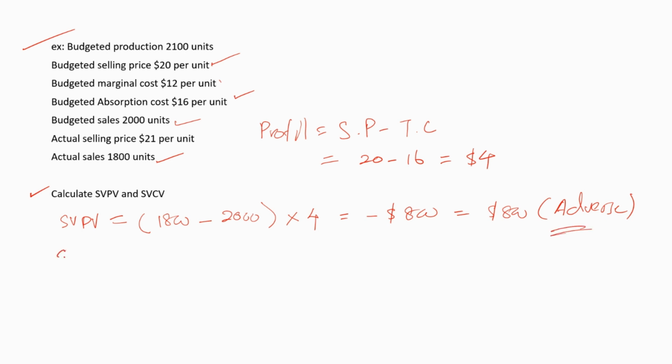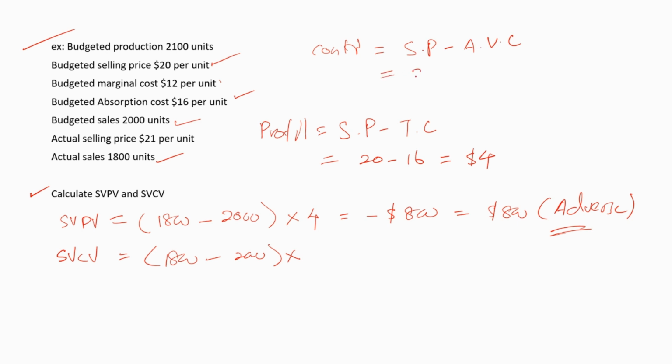Now let's calculate the sales volume contribution variance. This is equal to actual sales minus the budgeted sales, multiplied by the standard contribution per unit. The contribution is equal to selling price minus all the variable costs. Here we also have to use the budgeted amount.